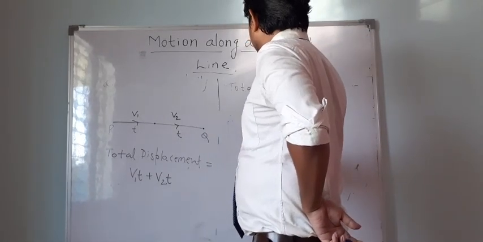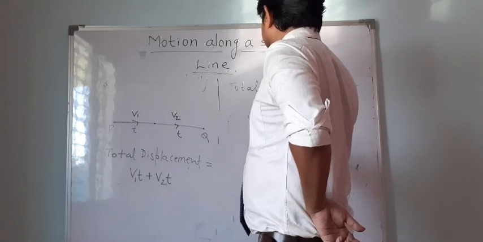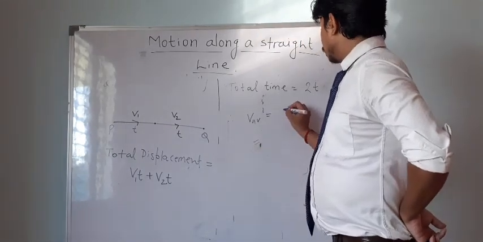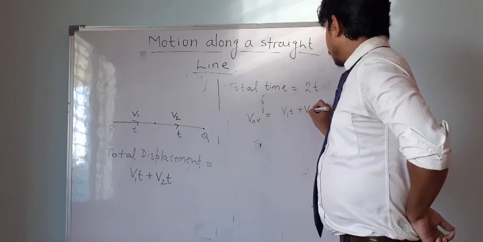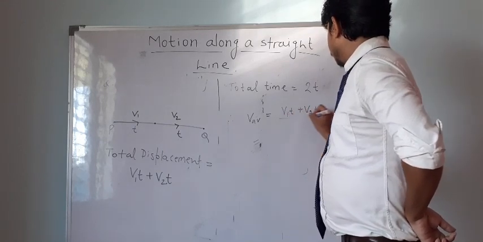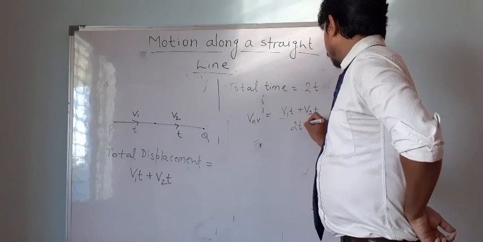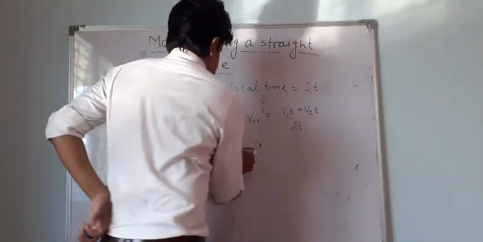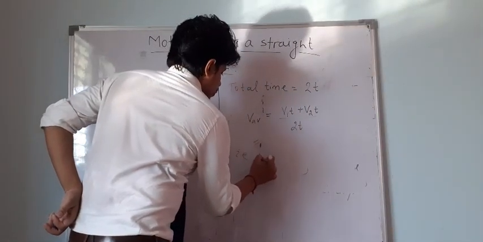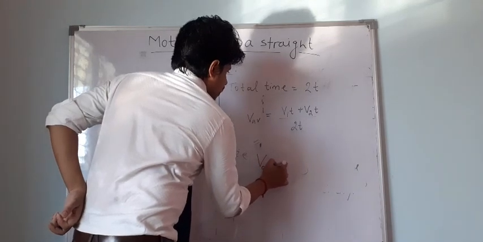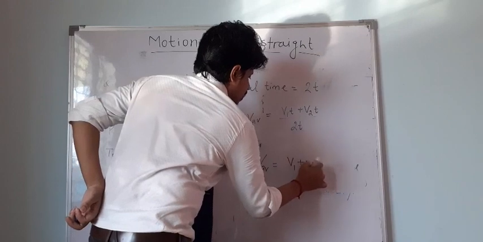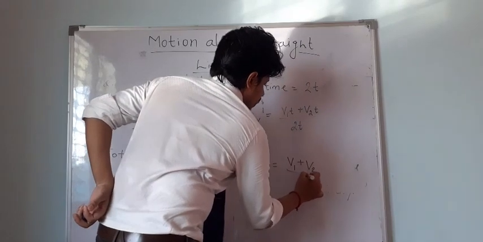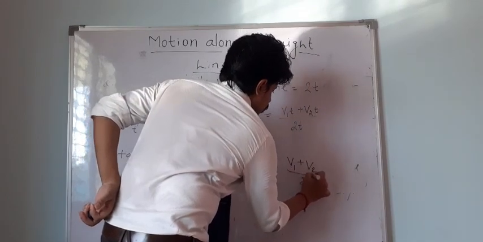Therefore V average in this case is equal to v1 t plus v2 t upon 2t, that is, V average is equal to v1 plus v2 divided by 2.